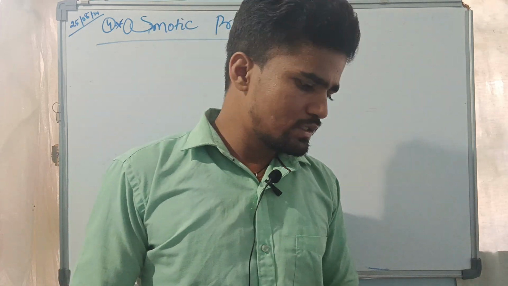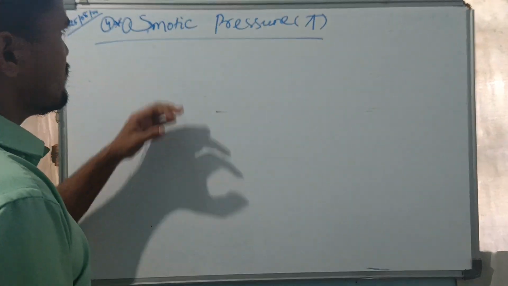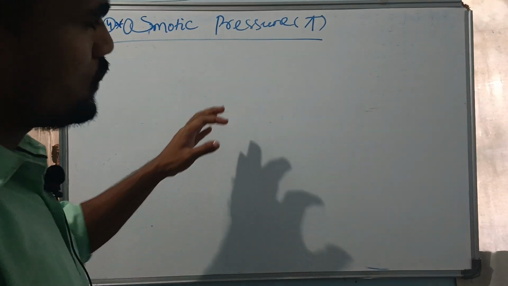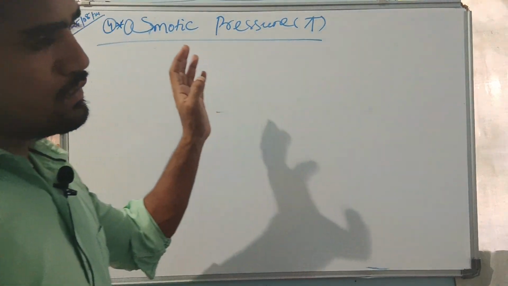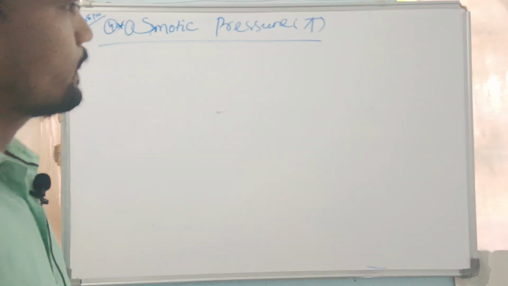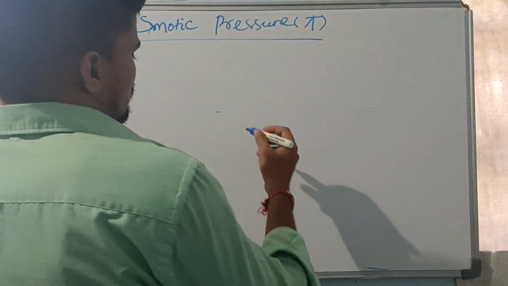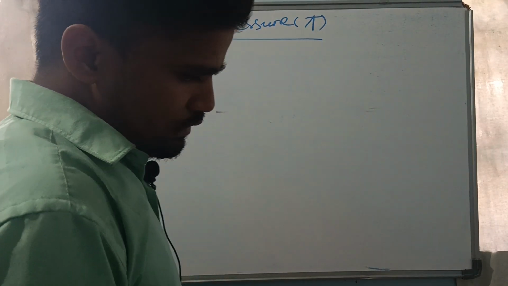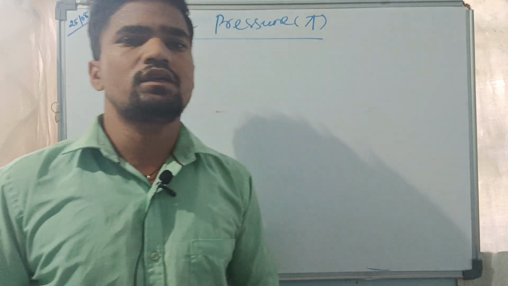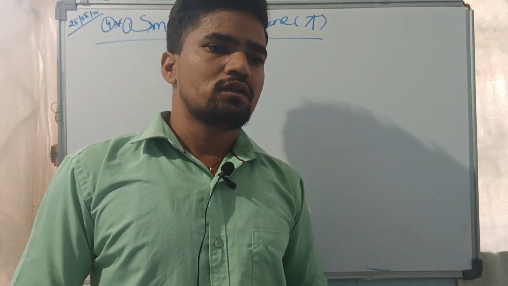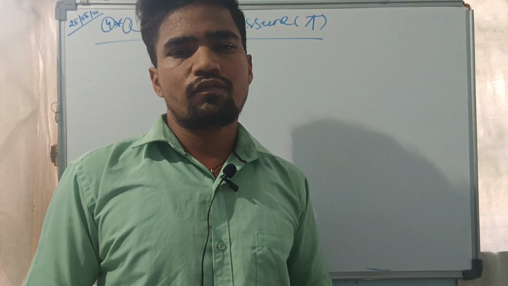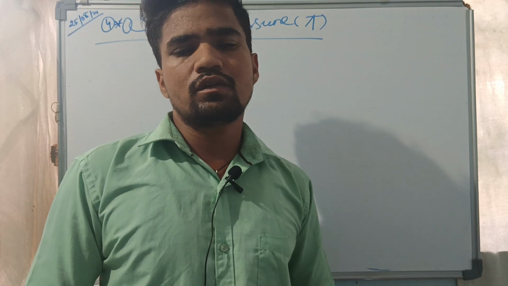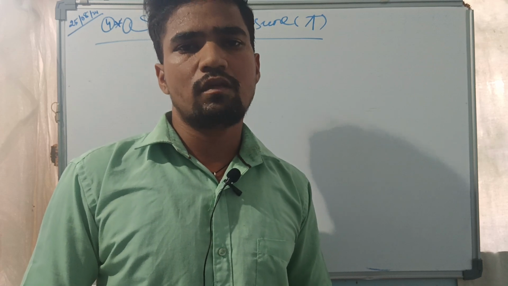Okay, so let's start. Osmosis you already know. So what is osmotic pressure? Osmotic pressure is the external pressure that must be applied in order to stop the flow of solvent into the solution through a semi permeable membrane.